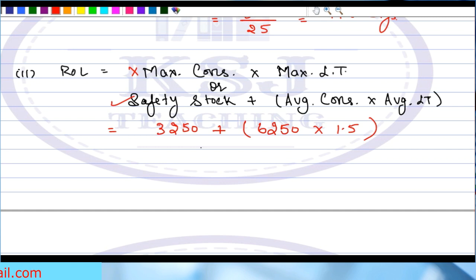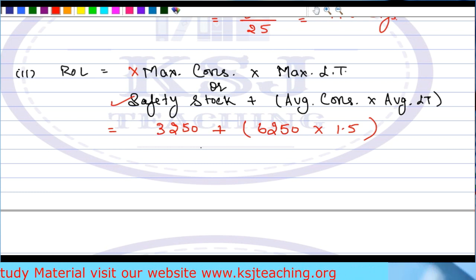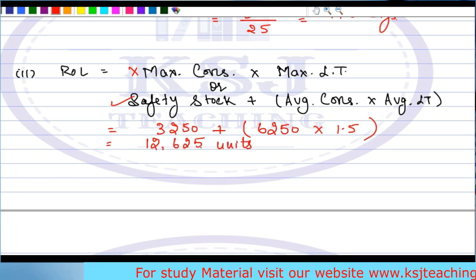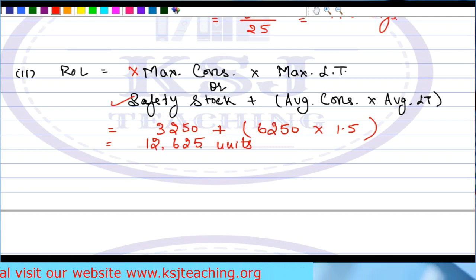Average consumption is given as monthly consumption of 6,250 units, so the lead time also has to be in months. We cannot take the lead time in days and consumption in months. That will be absolutely wrong. So this comes to 12,625 units. Clear? Any issues up to this point? Reorder level, clear?